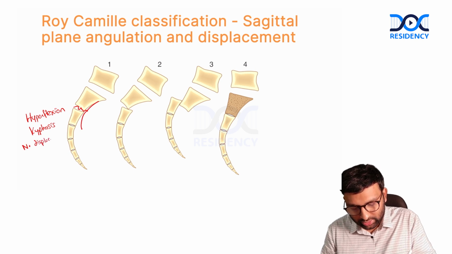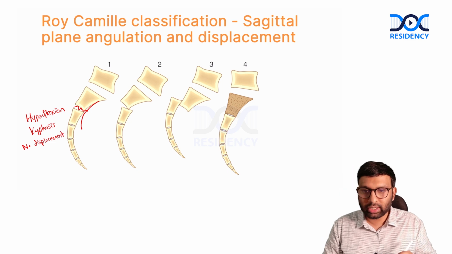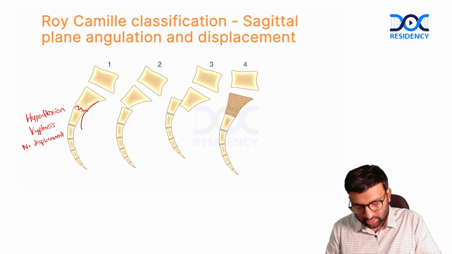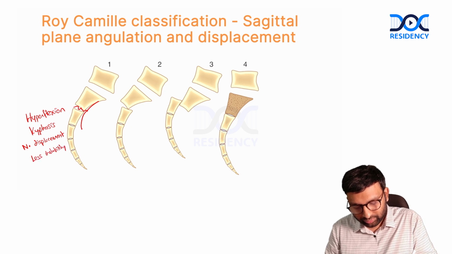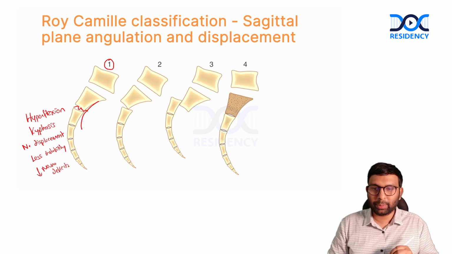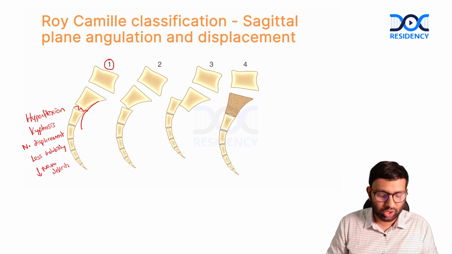Can you see? There is no displacement. Your lower and upper sacral fragments are sitting over one another. There is no displacement. So less chance of instability and less chances of neurological deficits. Okay, so that was type 1. In type 1 Roy-Camille, you have hyperflexion, kyphosis, no displacement, less chances of instability, less chances of neurological deficits.